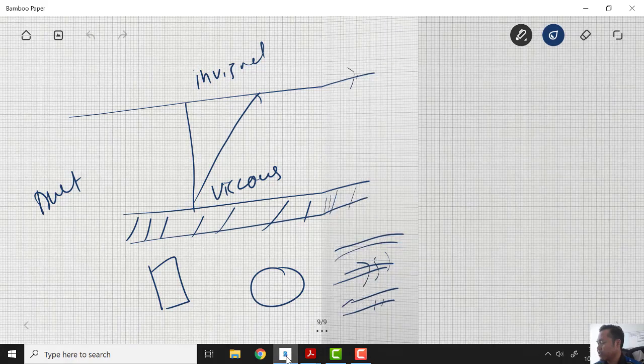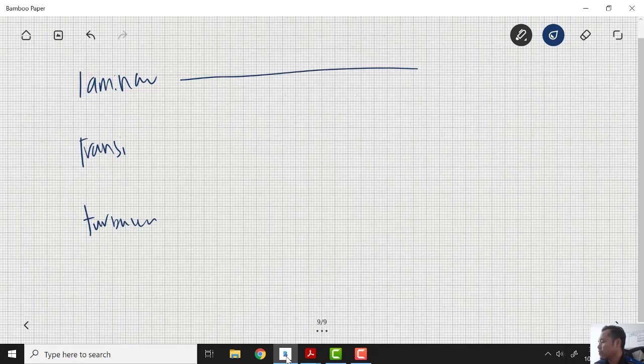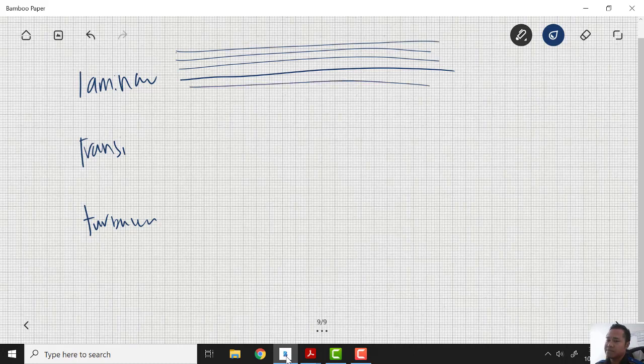For example, we have here laminar, transition, and turbulent. Laminar is a flow that has orderly streamlines or straight lines. Transition is a flow that moves in an S shape, like this.